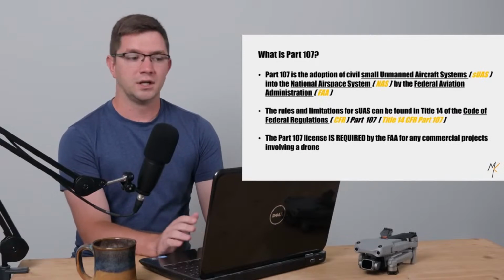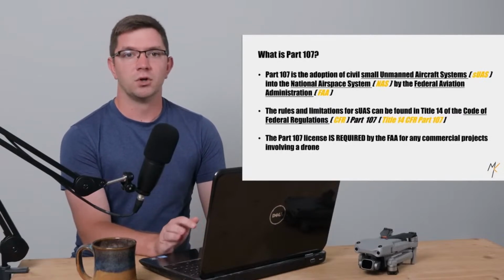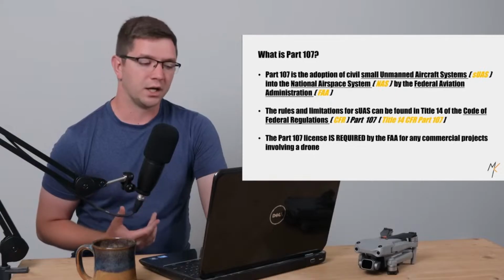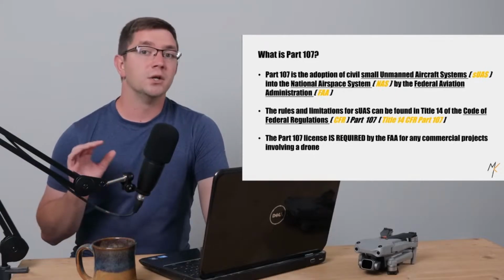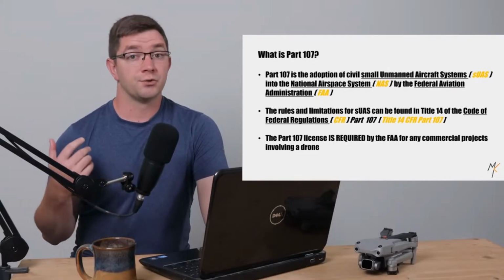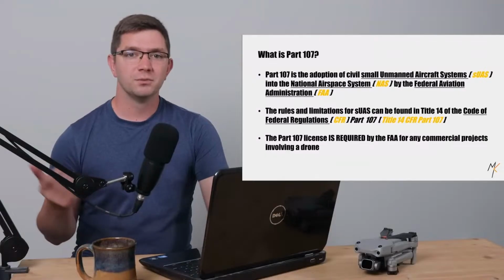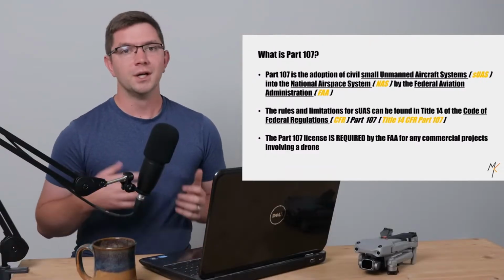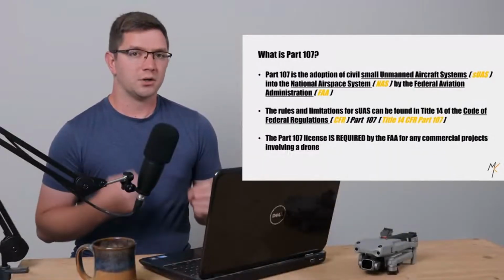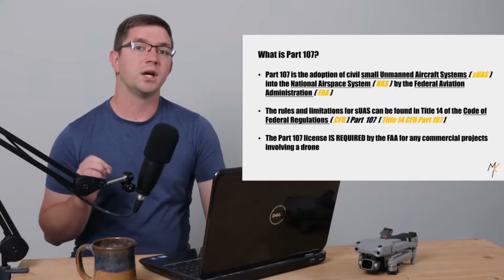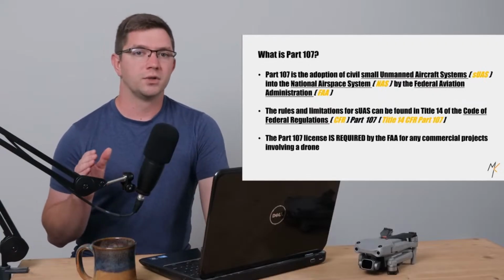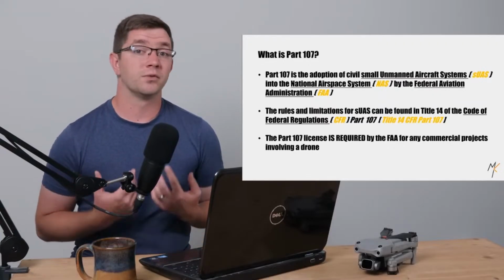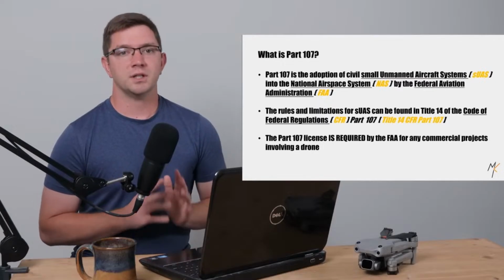Now, to further explain Part 107, it is all the rules and regulations adopted by the FAA for civil operations so that you, as a drone operator, can fly your drone safely in the national airspace, regardless if you're flying for fun or for a profit. Now, here's where this video comes in. The FAA is going to require that if you're going to fly your drone commercially for any form of compensation, they want you to be licensed by them.